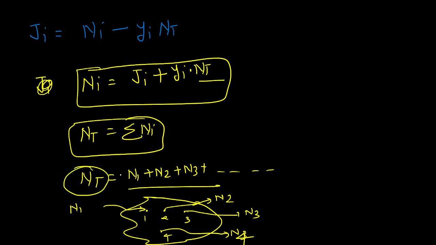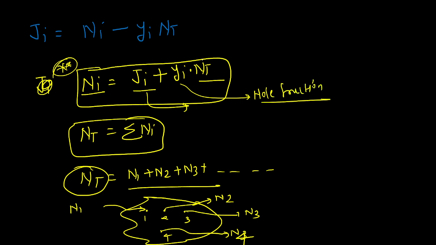In this formula, Ni is the convective flux of the individual molecule, equals Ji, the diffusive flux of that individual molecule, plus Yi, the mole fraction of that molecule, times the total flux. So don't get confused that Nt equals summation of Ji plus Ni. No, it is the sum of the convective fluxes of all the molecules, right?